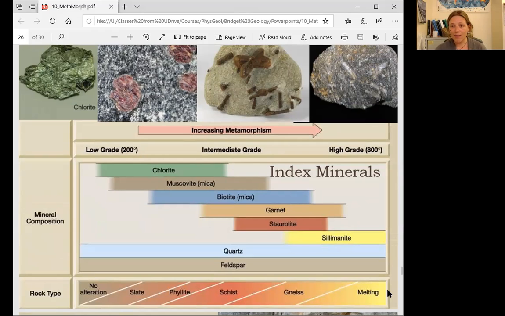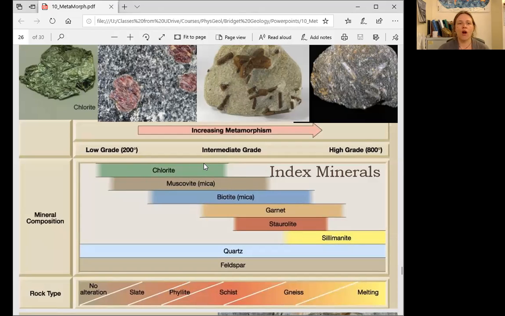We know already because of the Bowen reaction series that different minerals form and are stable over different ranges of temperature and pressure. For example, chlorite, which is a mineral that we haven't talked a lot about so far, is a green colored mineral.